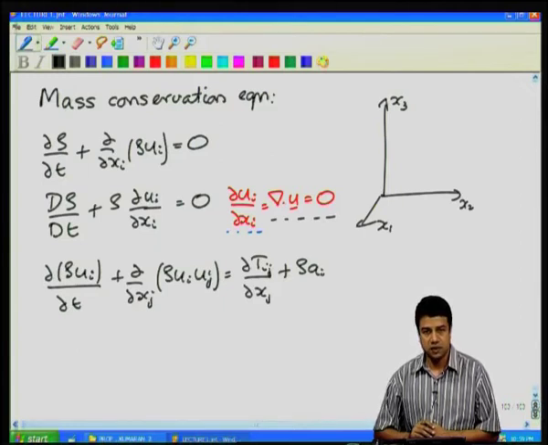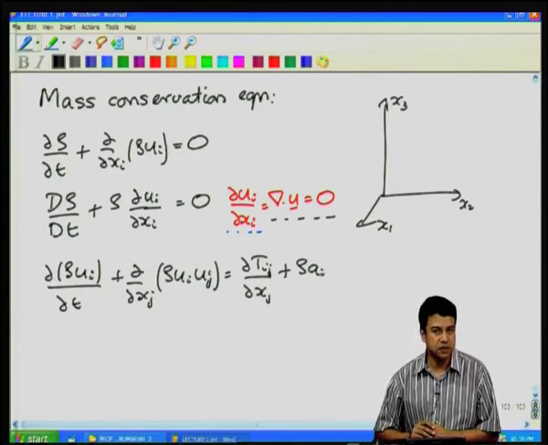Tij is the force per unit area acting in the i direction at a surface whose unit normal is in the j direction, at each point in the fluid.